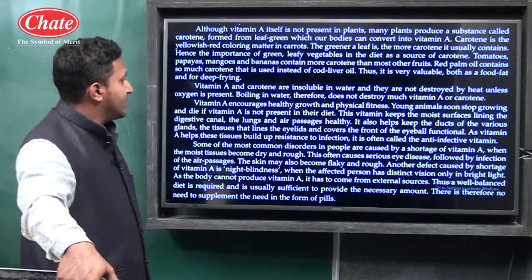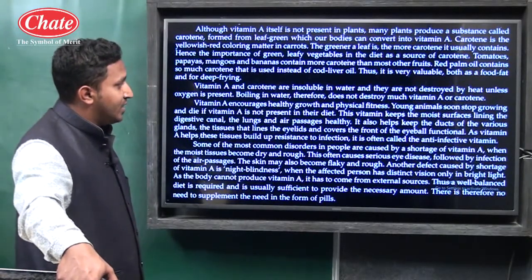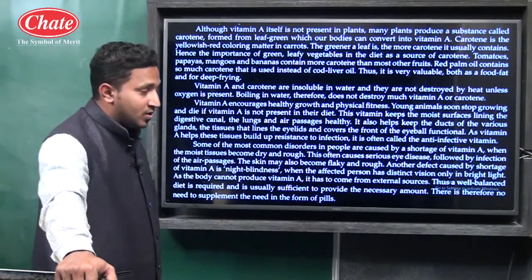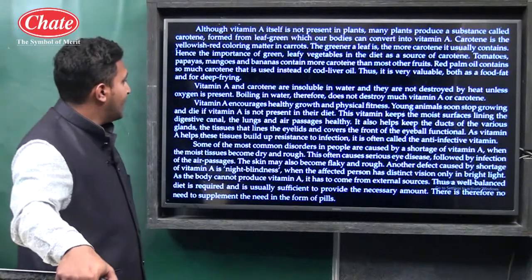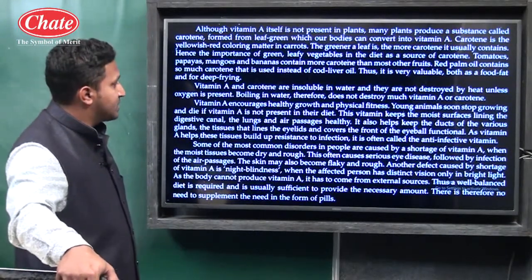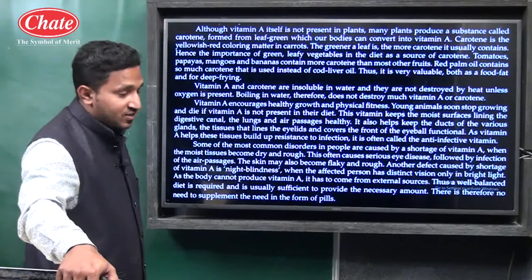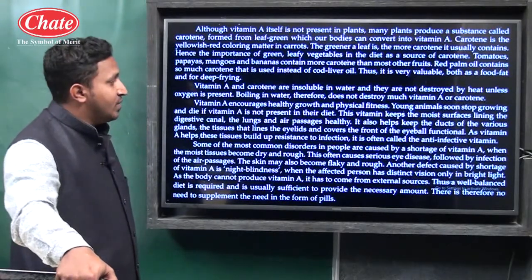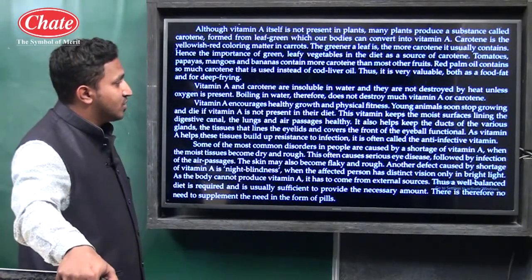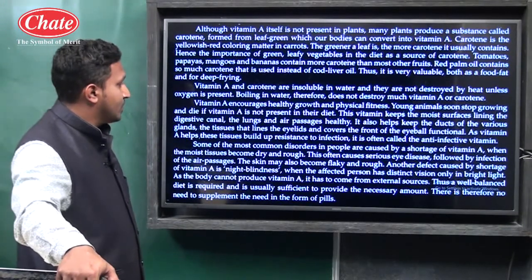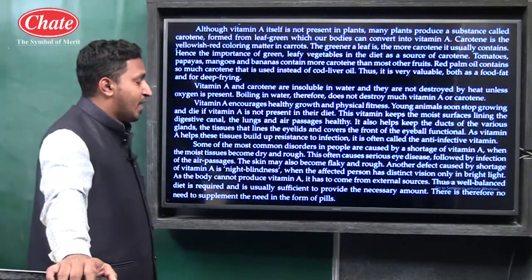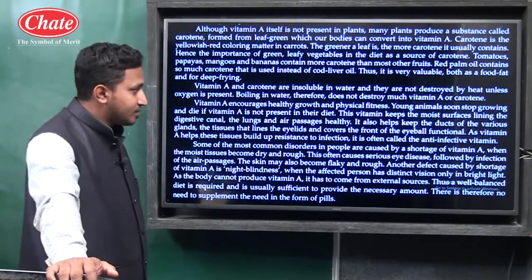Vitamin A encourages healthy growth and physical fitness. Young animals soon stop growing and die if vitamin A is not present in their diet. This vitamin keeps the moist surfaces lining the digestive canal, the lungs and air passages healthy.